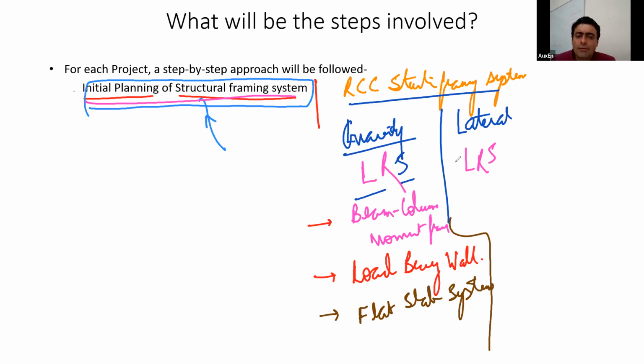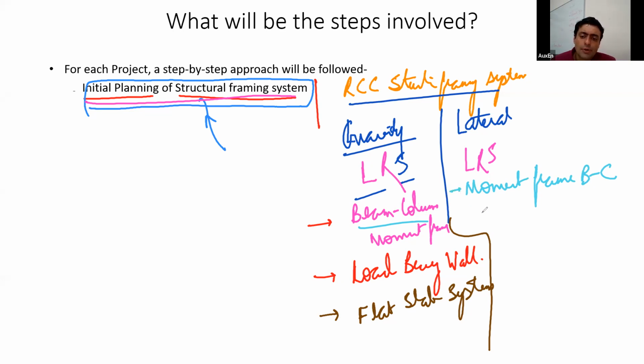So what are the lateral load resisting systems? So they can be moment frame, that is beam column system. So moment frame system is common to both. Moment frame is a system to resist gravity loads also. It is a system to resist lateral loads also.